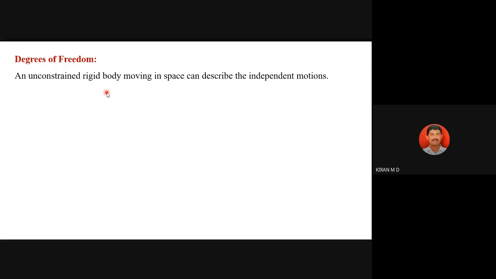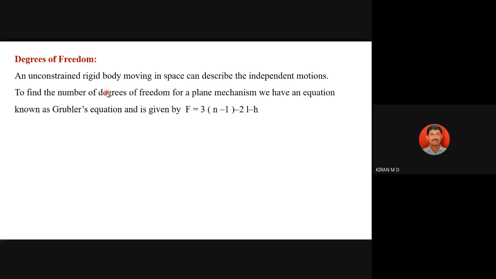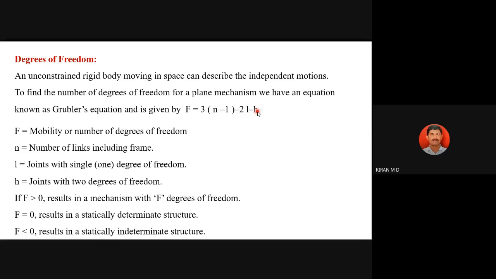To find the degrees of freedom, we use the Grubler equation. Degrees of freedom F is equal to 3(n minus 1) minus 2L minus H. Here F is the mobility or degrees of freedom, n is the number of links including the fixed link or frame, L is the number of lower pairs, joints of single degree of freedom, and H is the number of higher pairs.